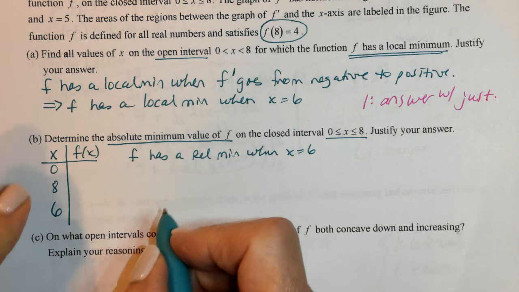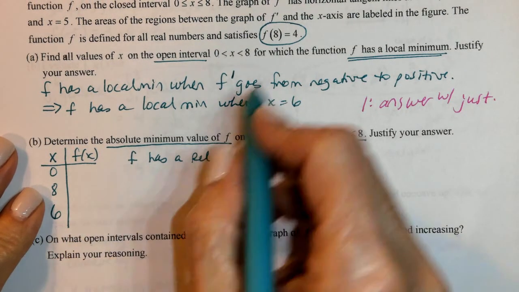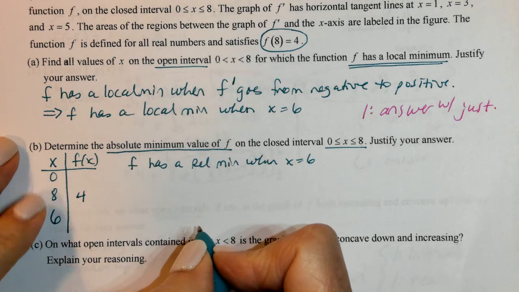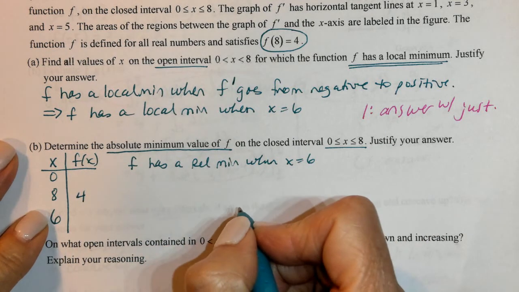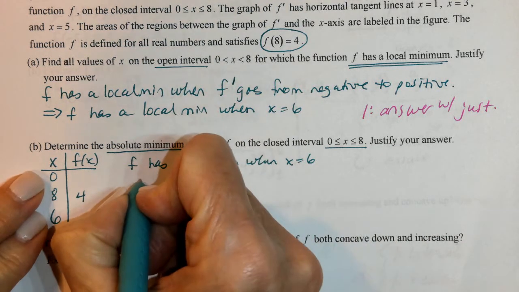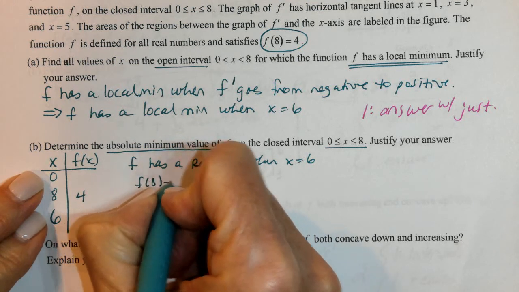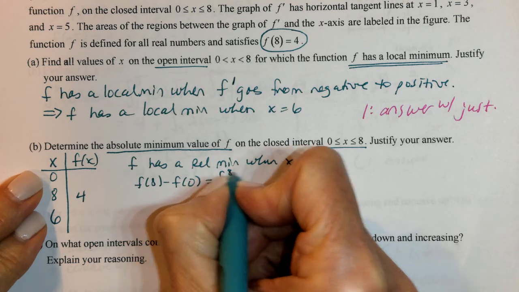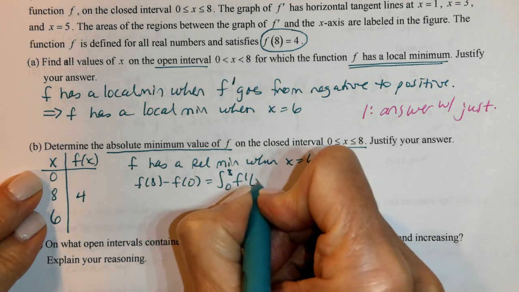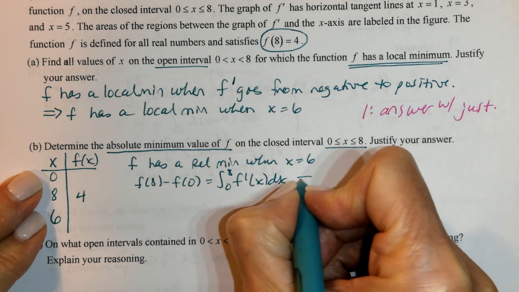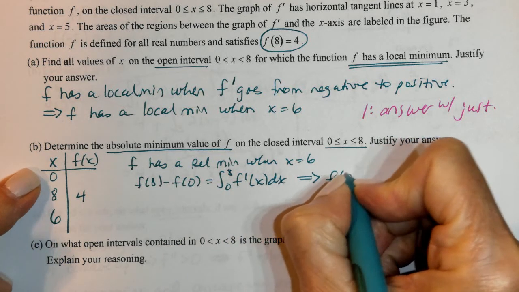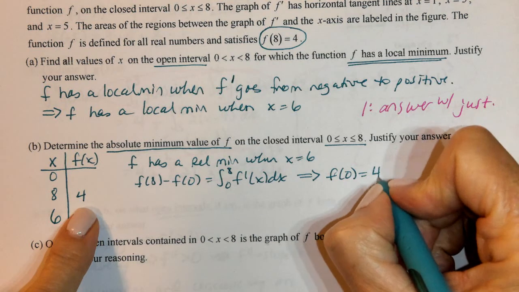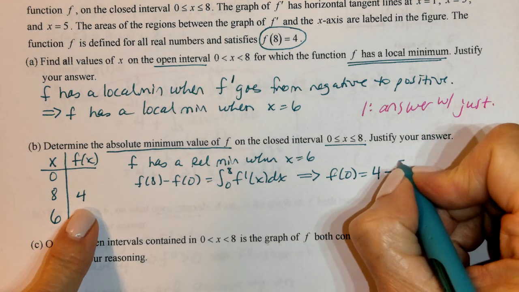All right, so now we need to find these values. They gave us f of 8 was 4. I need to find f of 0 and f of 6, and I'm going to use the fundamental theorem to get there. So f of 8 minus f of 0 is the integral 0 to 8 of f prime, which means f of 0 would be my f of 8 minus the integral.